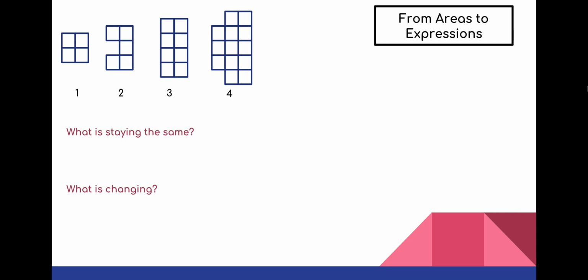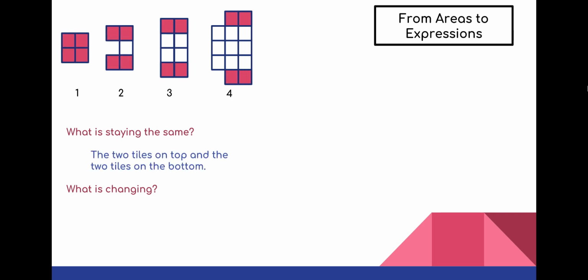They may talk about the top two and bottom two squares getting further and further apart, and then something growing in the middle. They may have other ways to describe it, but the key is that we want to talk about that the two tiles on top and the two tiles on the bottom are staying the same in every diagram. And what's changing are the tiles in the middle.